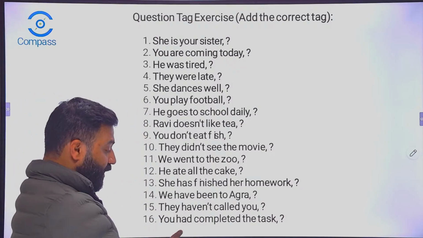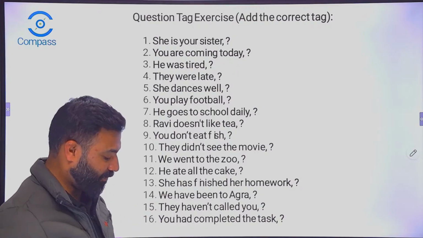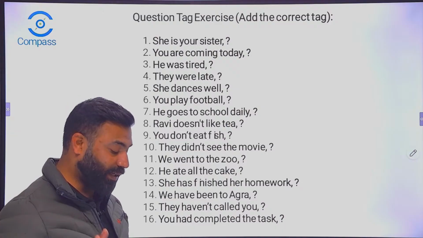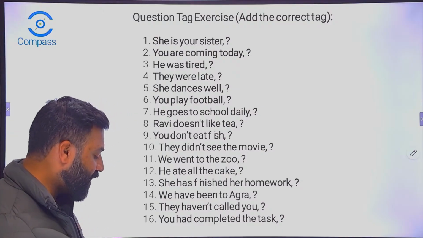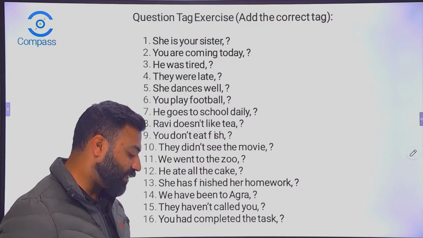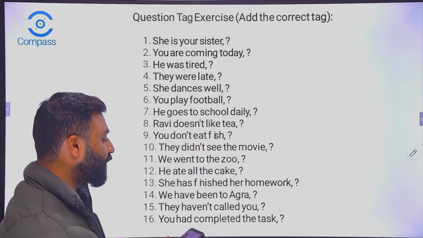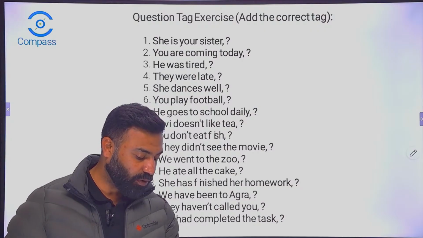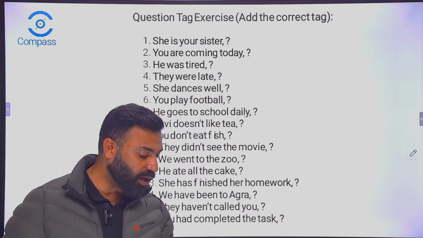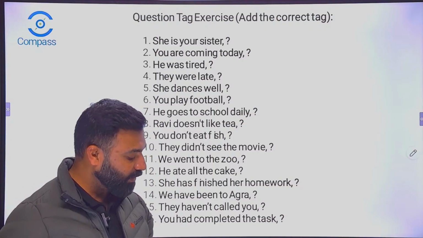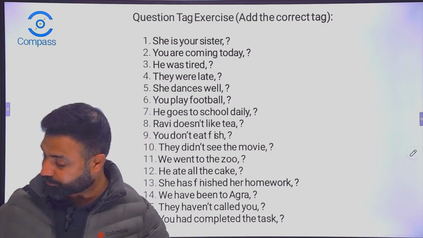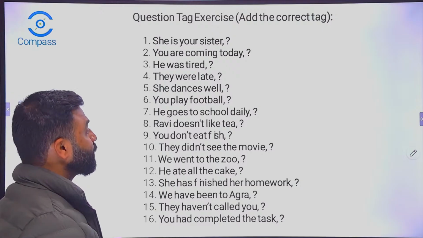So we have the auxiliary verb here. Had. So, okay. Vrihan, you just need to take care of the spelling. Nivriti Deshwal, that's the right answer. Hadn't you? You had completed the task, hadn't you? That's the right answer. Yes, okay. Miss Thakur has also answered the right question. Yes, that's the right answer. Very good. Okay, let's proceed.